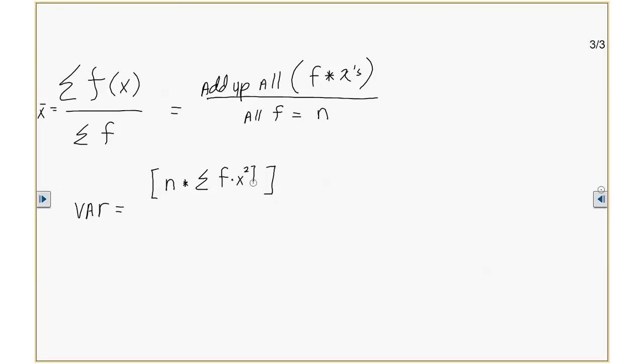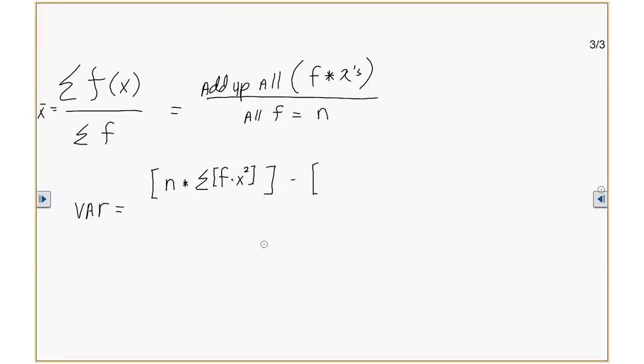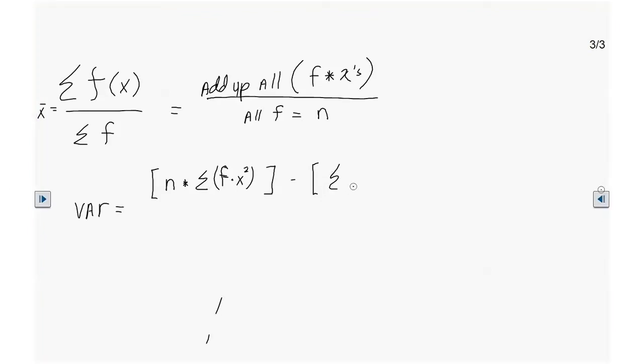Let me put that in brackets too. Minus, and make these parentheses, the summation of f times x, quantity squared.